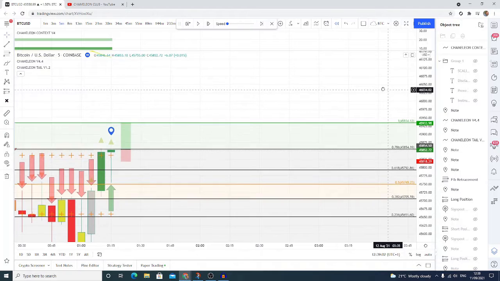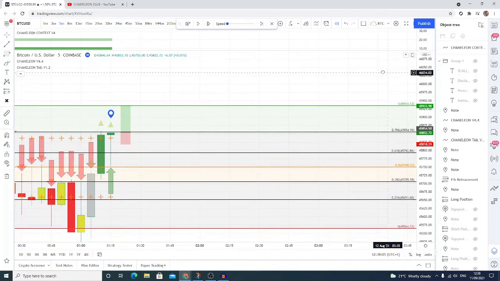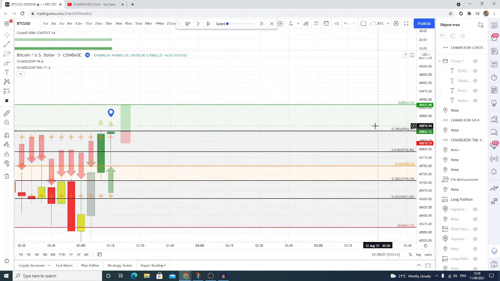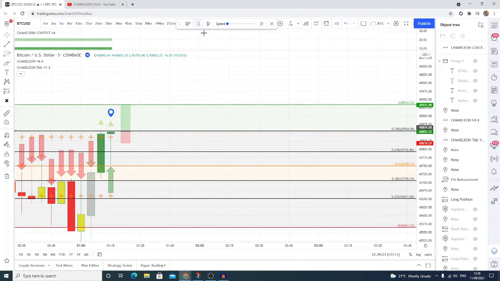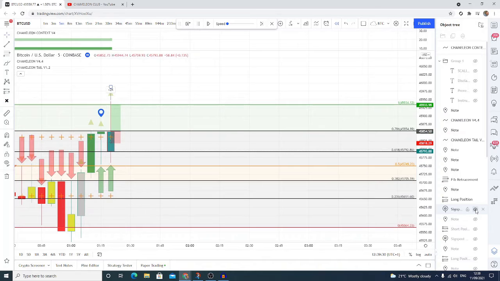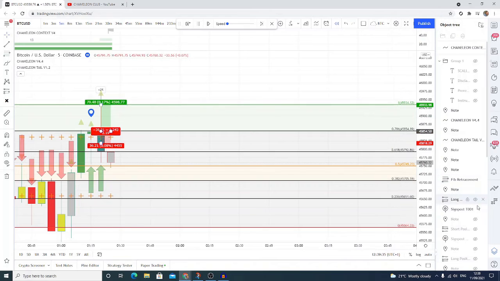A tight stop just below the pivot high makes this trade feasible. +2R.